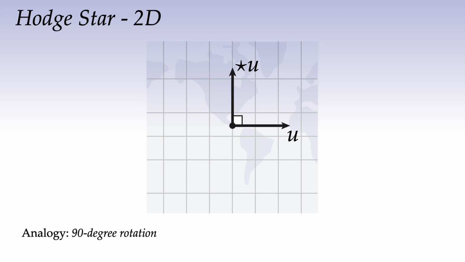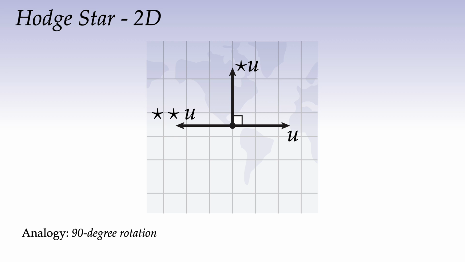What do you think happens if we now apply star again? What is star star u? Okay. Well, it certainly seems important that we stick with the same convention we had before, right? We just said that star u is a counterclockwise rotation. So we probably shouldn't go back to u. Better would be to say star star u is kind of minus u, right?